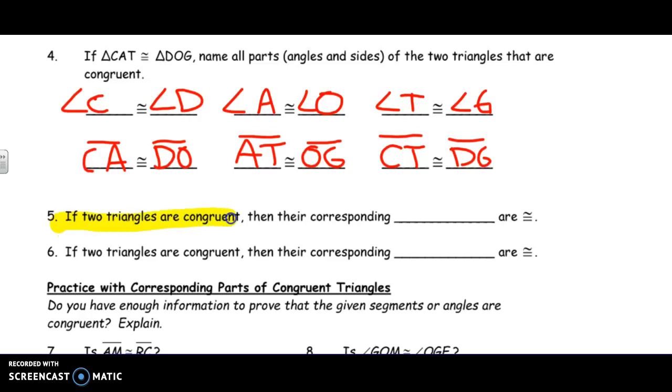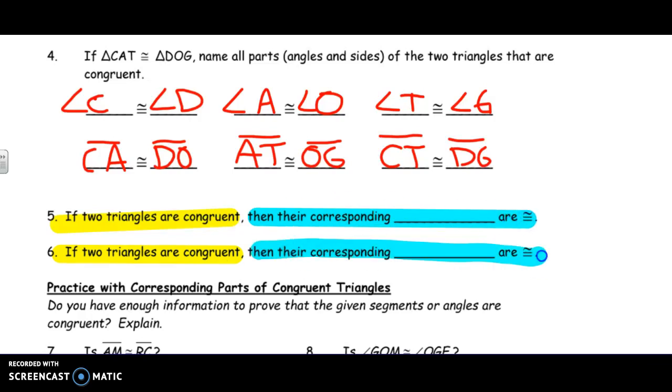If you know two triangles are congruent, then there's 2 things that we know. Actually, I wrote the exact same sentence here twice because there's 2 different things that we're going to know. One is that every matching side is going to end up being congruent, and the other is that every matching angle is going to be congruent.